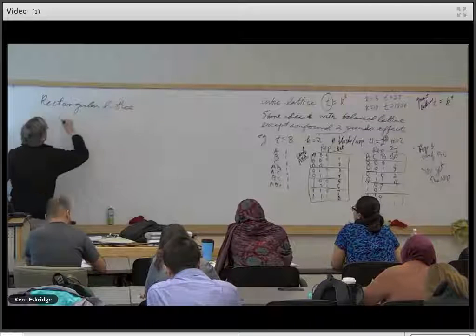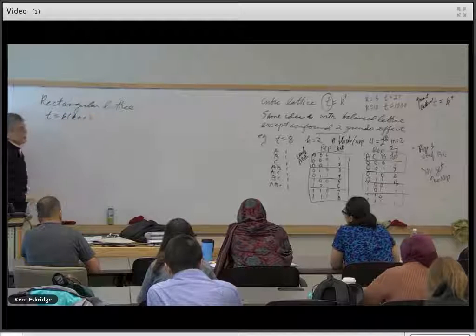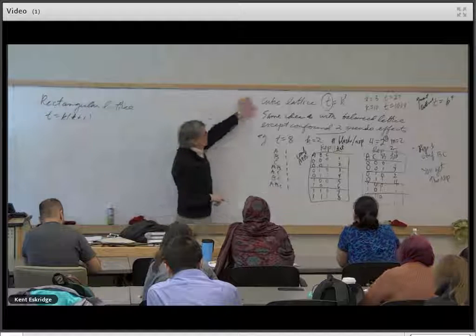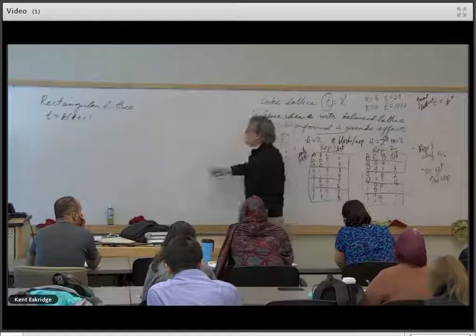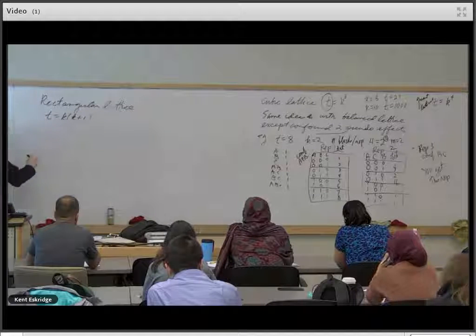Rectangular lattice. Here, T is equal to K times (K plus 1). One of the problems with all these lattices is that they're all powers of a block size. Well, if we could change a little bit to where they're not powers of the block size, we'd get a little more flexibility.